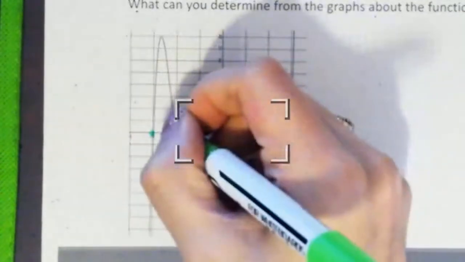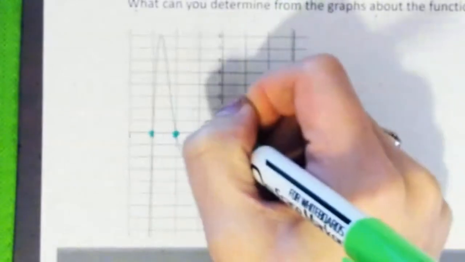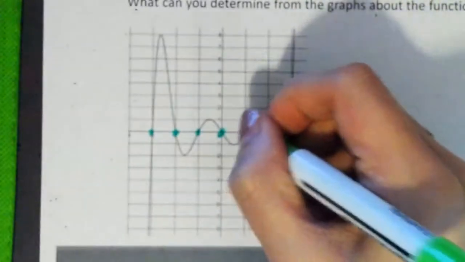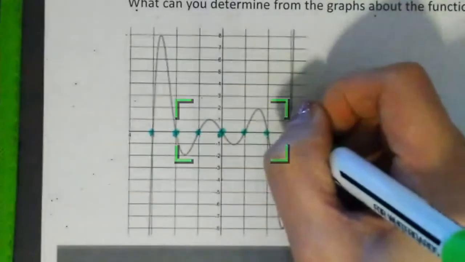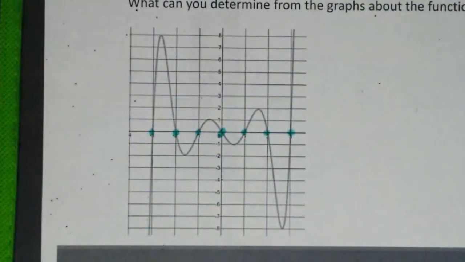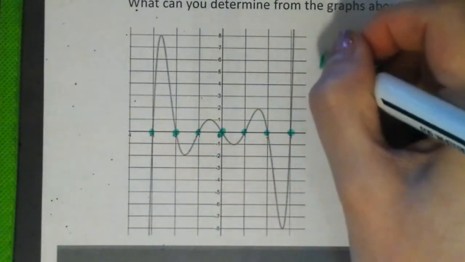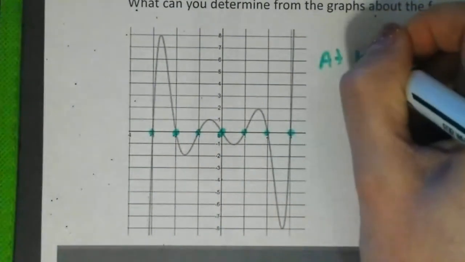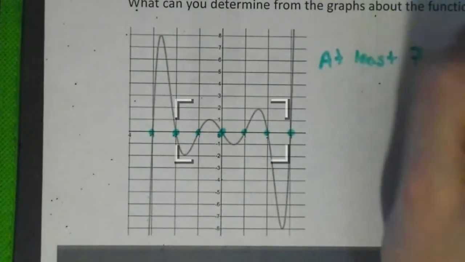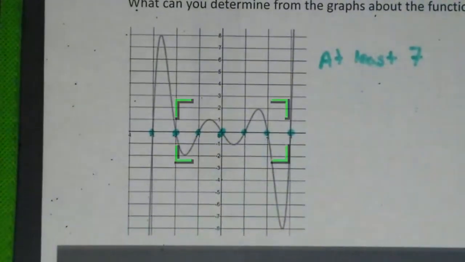We have 1, 2, 3, 4, 5, 6, 7. So we have 7 intercepts. That means our degree is at least 7. Our degree could be more than 7, but it can't be less because we have 7 of those horizontal intercepts.